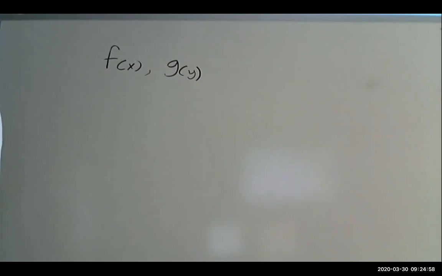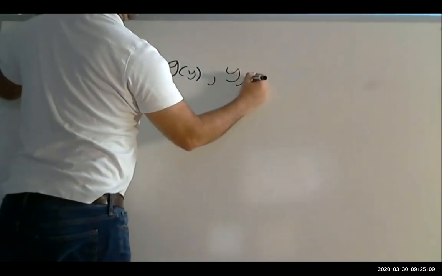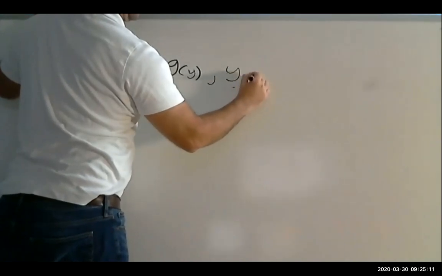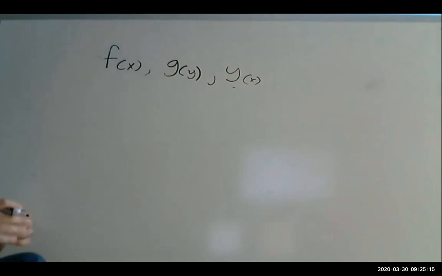So you could also have Y of X. It's a common one that you are used to. We just often don't write the Y because we know that it's going to be a function of X and we are a little lazy. So we just kind of ignore it.